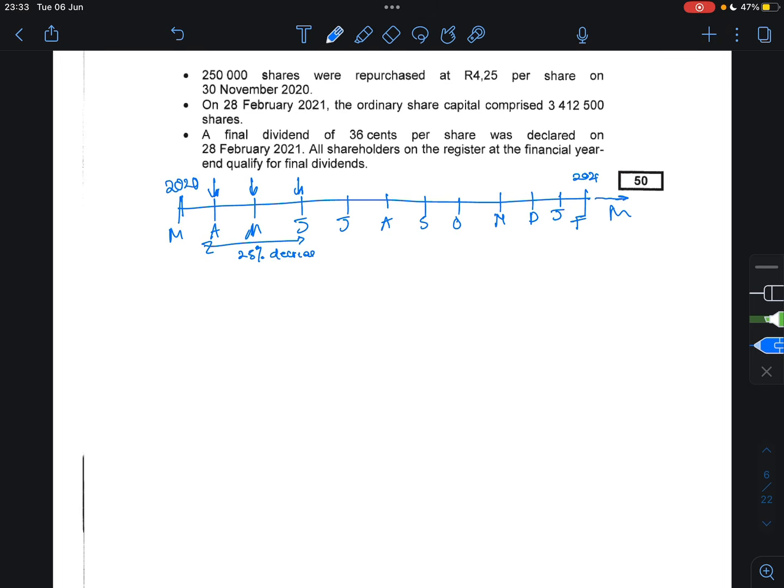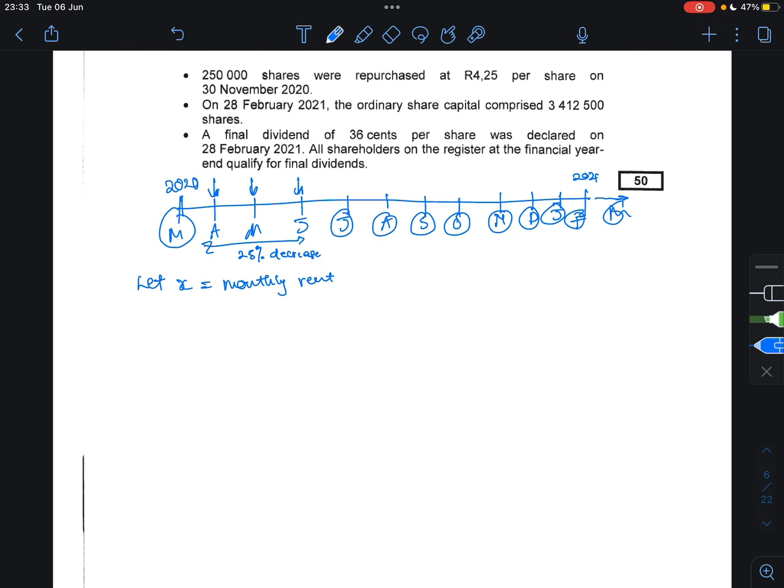Okay, so which simply means that 1, 2, 3, 4, 5, 6, 7, 8, 9, 10 months we paid the normal amount. Now we are going to let X be equal to the monthly rent.